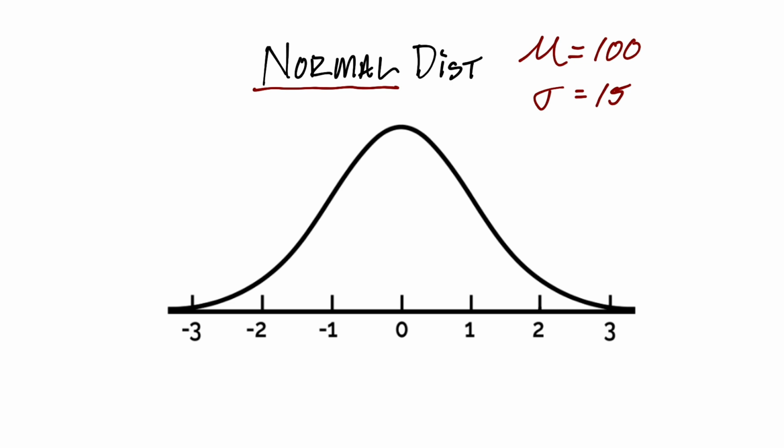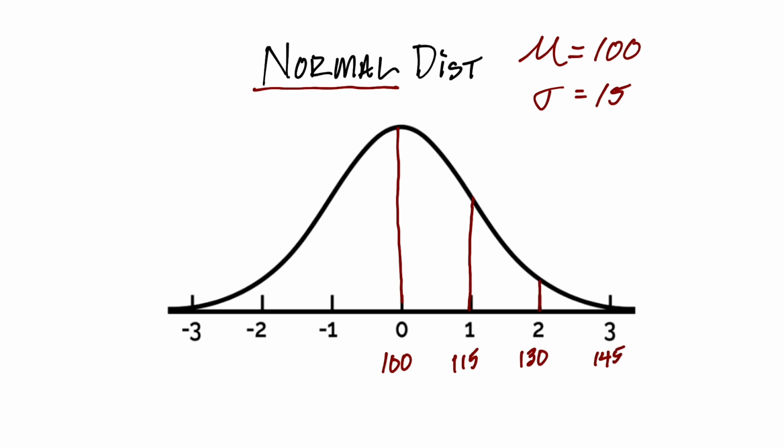So how we use a standard normal curve is we say, okay, this 0, when we unstandardize it, becomes a 100. One standard deviation above the mean: if I added 15, that's 115. Two standard deviations above the mean is at 130, and 145 would be 3 standard deviations above the mean.